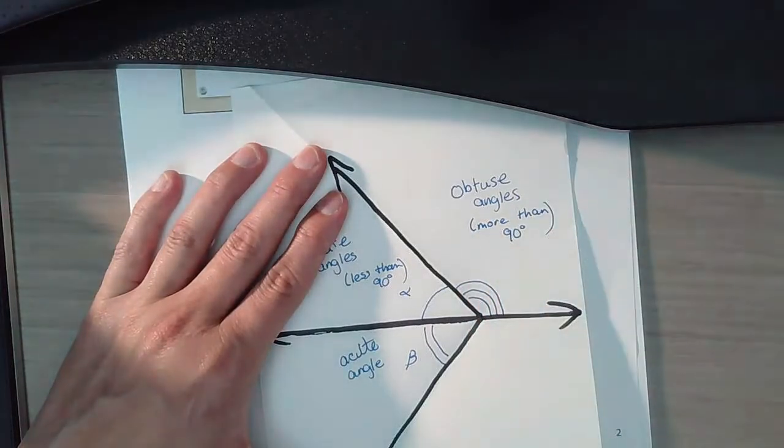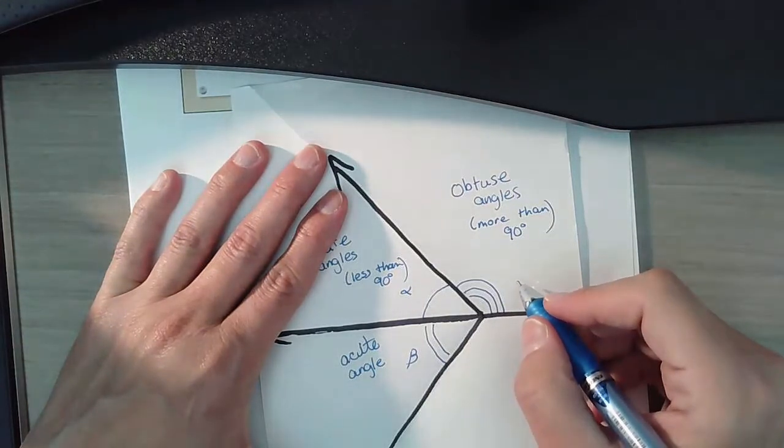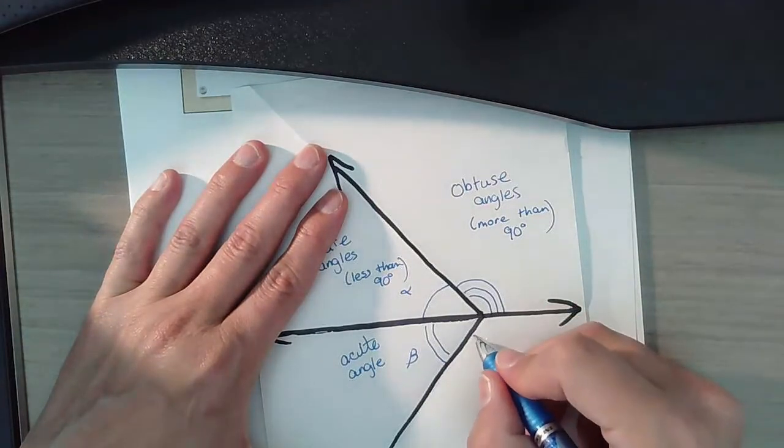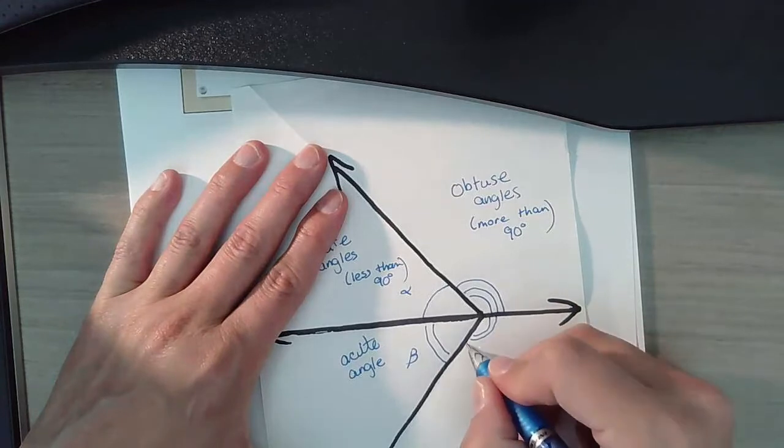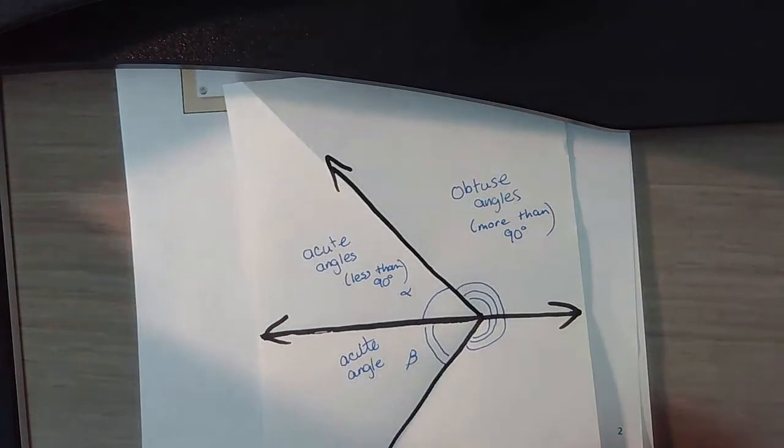So anything that is more than 90 degrees is considered an obtuse angle. So these are obtuse angles. Okay? More than 90 degrees.